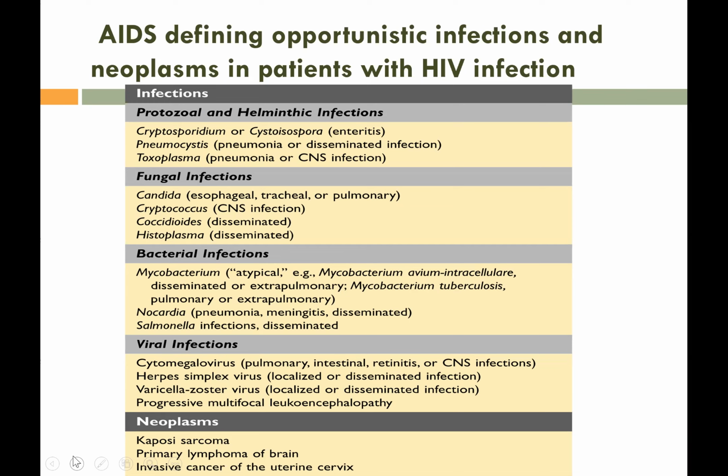So many patients will also present with opportunistic infection, and candidiasis is regarded as the most common fungal infection in patients with AIDS. Cytomegalovirus may cause disseminated disease, or it may be localized to the eye and the GI tract.